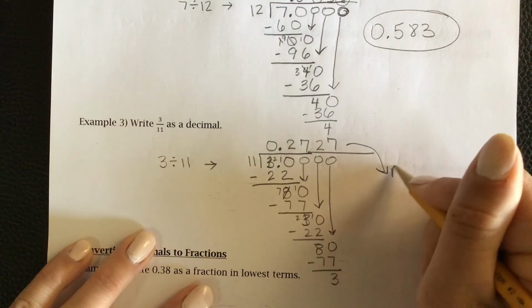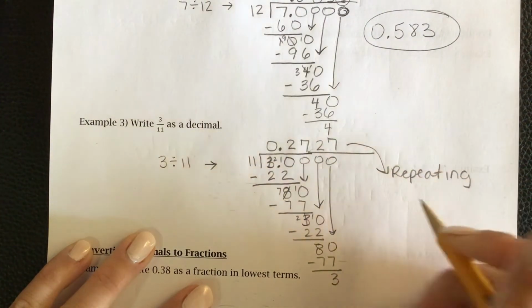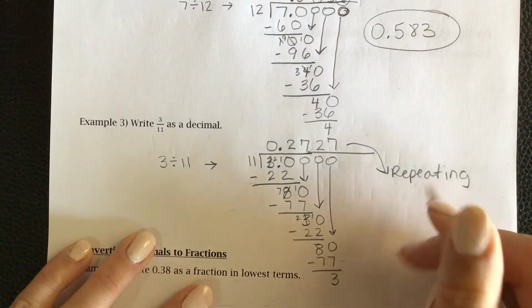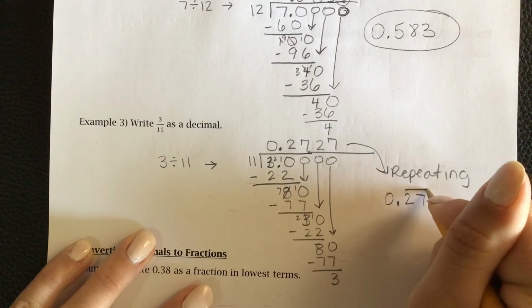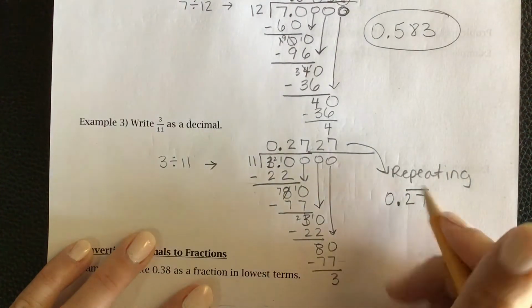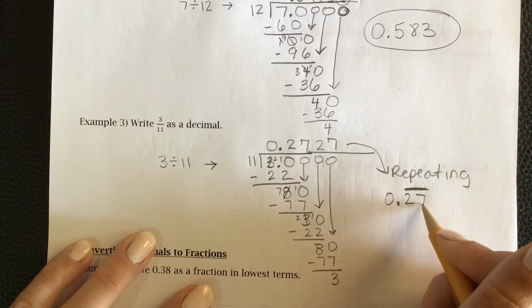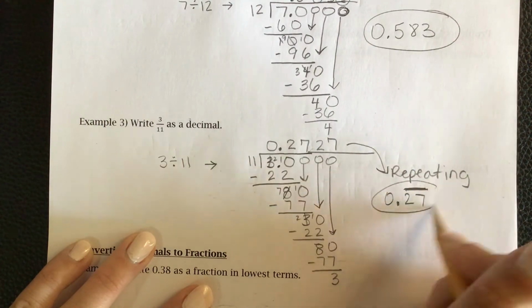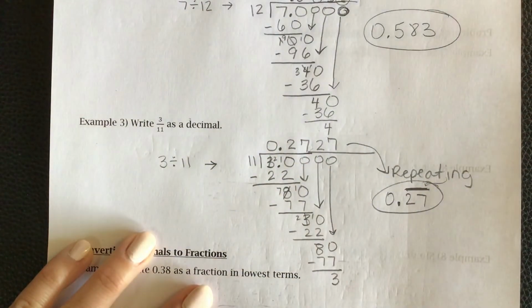Whenever it's repeating, you're going to use a symbol to show it, and you don't have to keep going. It's 0 and 27 hundredths repeated. Because it's the 27 repeated, you're going to draw a line all the way across the 27. That's the line that demonstrates it's repeating right there. And that's our answer.